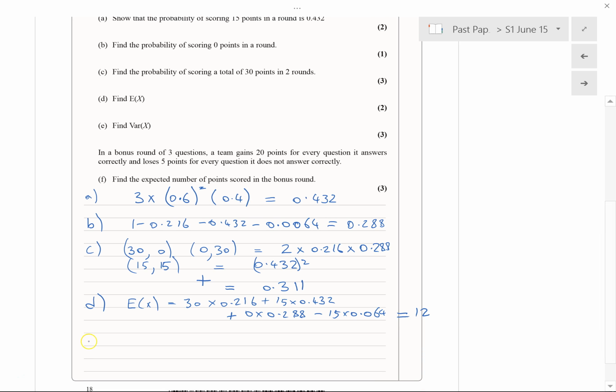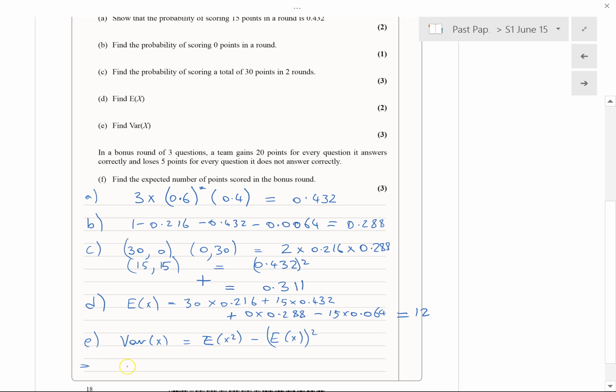Right, now the variance of X is the expectation of X squared take away E(X) squared, this number squared.